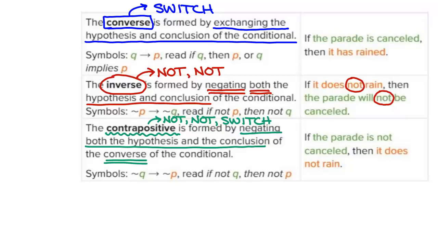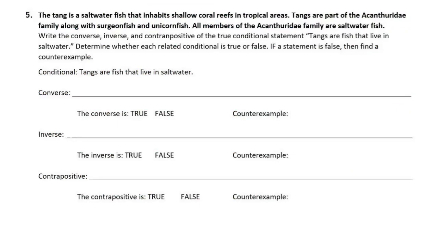So let's look at number 5. We're going to write all of these in if-then form. The tang is a saltwater fish that inhabits shallow coral reefs in tropical areas. Tangs are part of the, I'm not even going to try that word, family, along with surgeonfish and unicorn fish.